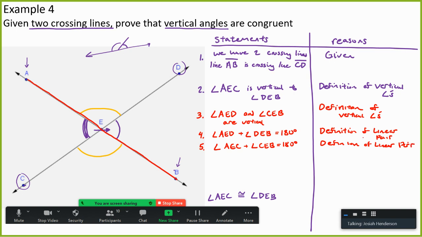Okay, now we can set those two equations equal to each other because they're both equal to 180.